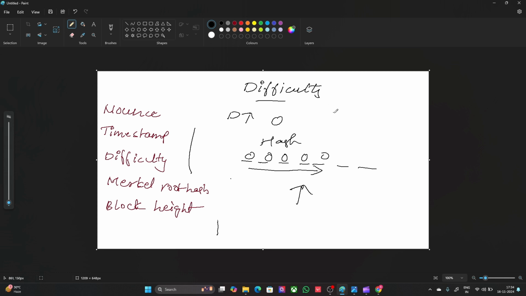As our hash consists of 64 characters and we are fixing the first four characters to be zeros by default, we are only left with 60 characters to generate a hash. So we are increasing the complexity of the block to be mined by increasing the number of leading zeros. Let me tell you how it is complex as well.